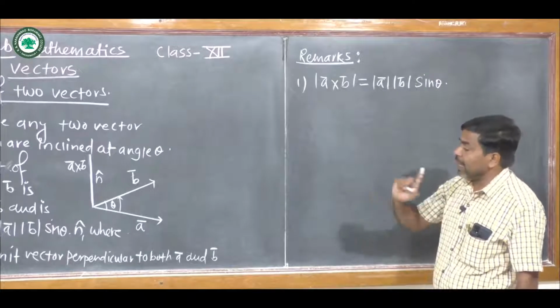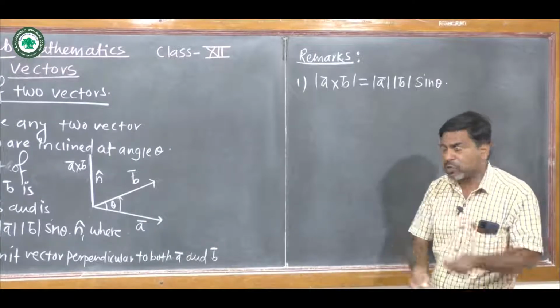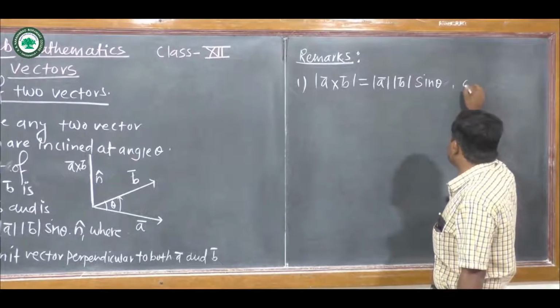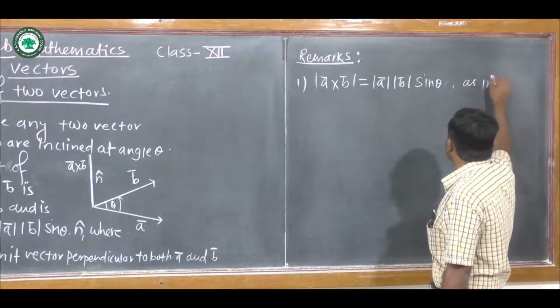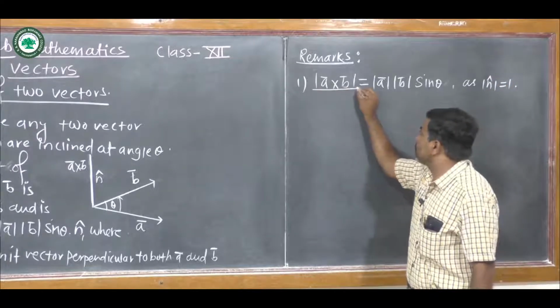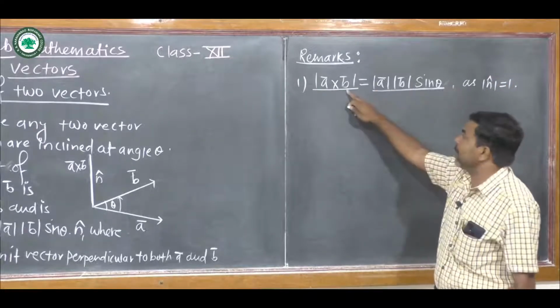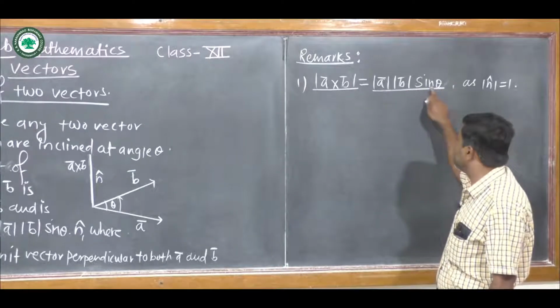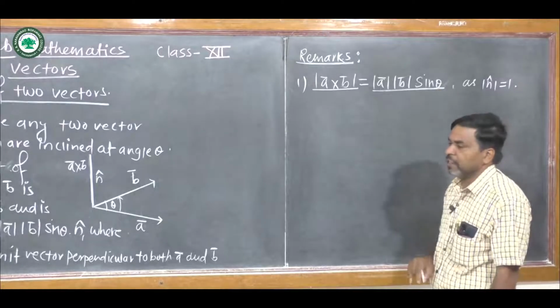Now see, n cap is unit vector, so its magnitude is 1. So you may write magnitude of n cap is equal to 1. So therefore, magnitude of A bar cross B bar is equal to magnitude of vector A into magnitude of vector B into sine of theta.